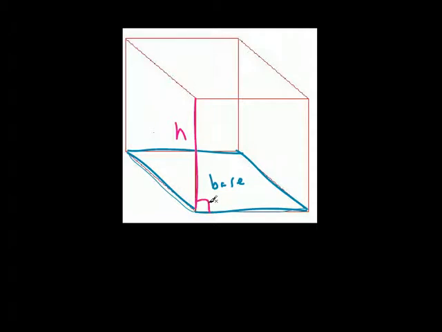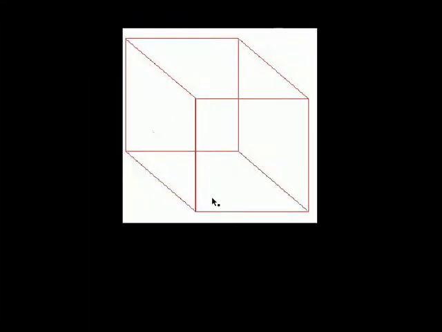All right. Now you could have thought of it another way. You could have thought of this as your base, couldn't you? You could have said, well, if I turned it on its end, it could sit on this end right here. But then what would be your height then?